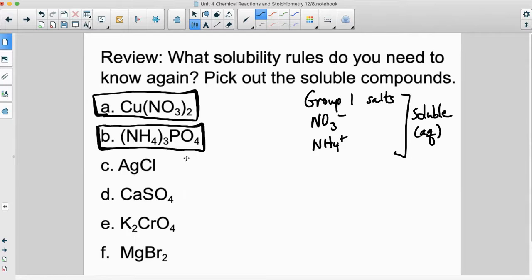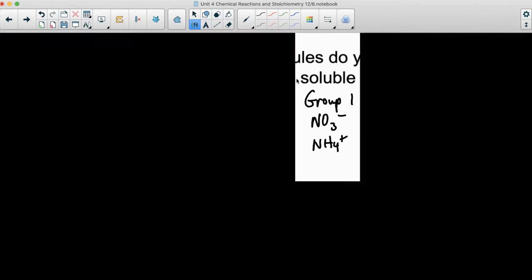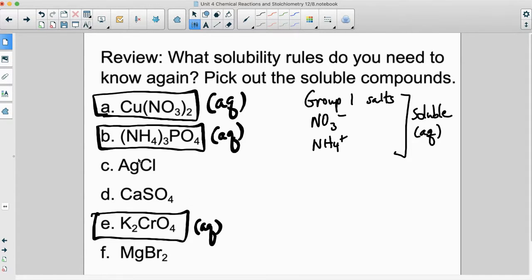We just don't need to know about them, and we'll be given information about whether they are or are not soluble. And then E is also soluble. So these 3, we can recognize that these are going to be labeled as AQ in a balanced reaction. And the others we don't have information about. If we are asked information about these, we will be given the information so that we can answer the question.